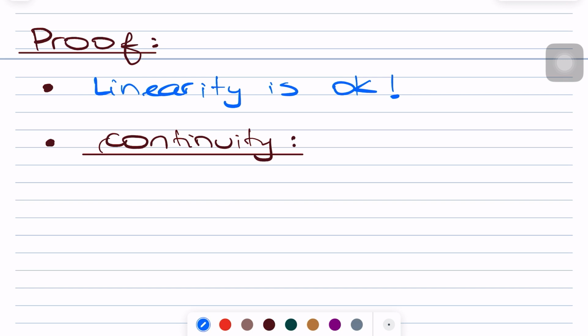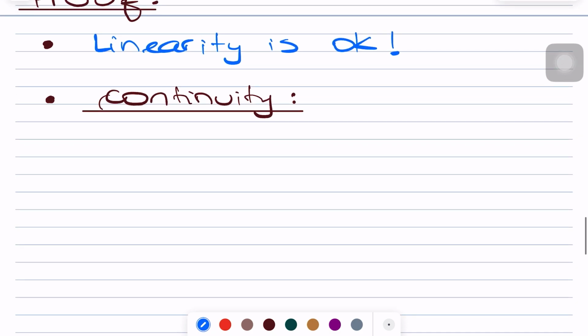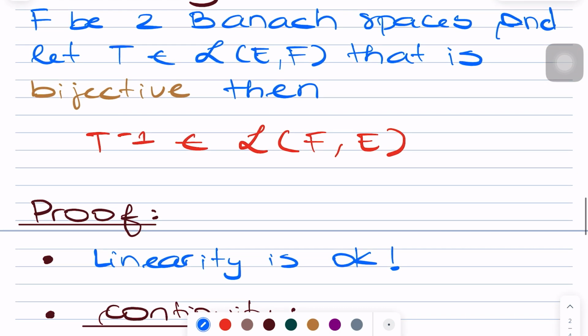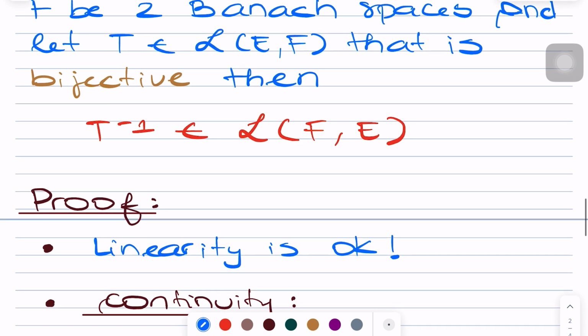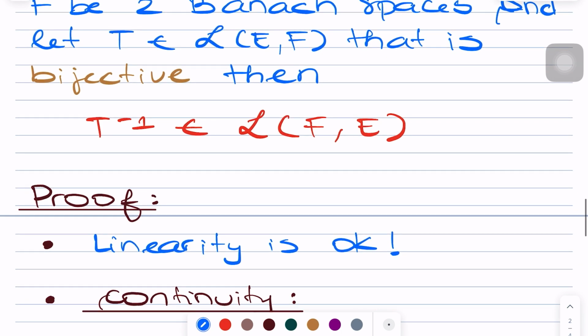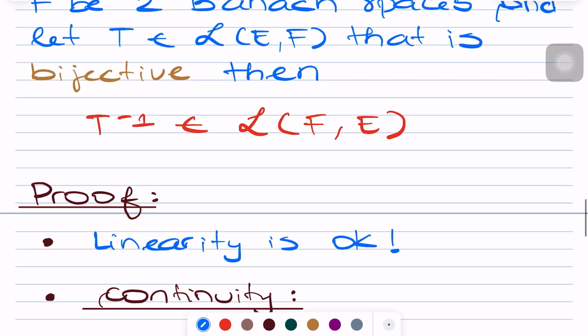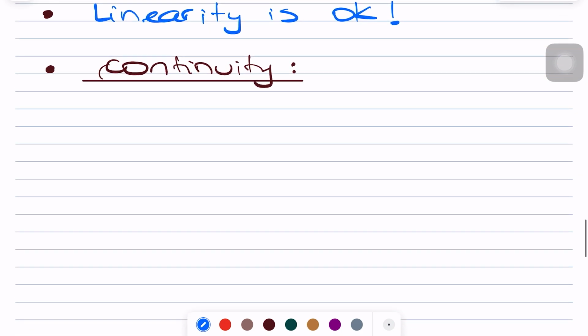We are going to start right away. Remember that we have the assumption that T is a linear bounded operator that is bijective, so it is surjective. So by the open mapping theorem, property 7 holds.